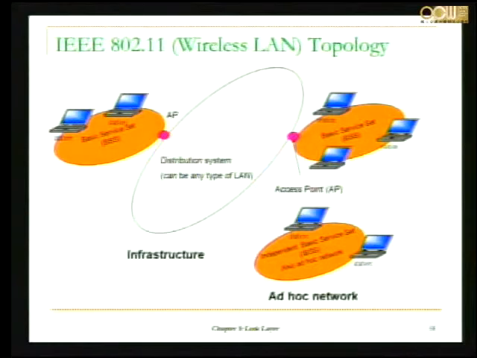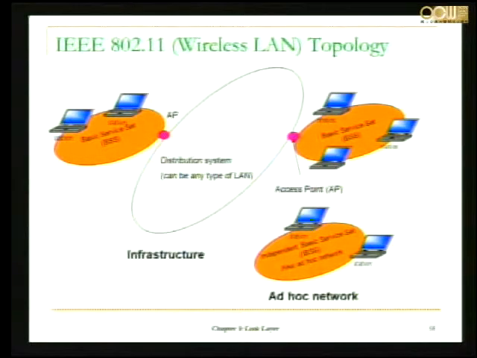Okay, another kind of topology is the ad hoc network without an access point. Without an access point, the mobile stations can only talk to each other directly. However, in the infrastructure network, the mobile stations do not talk to each other.